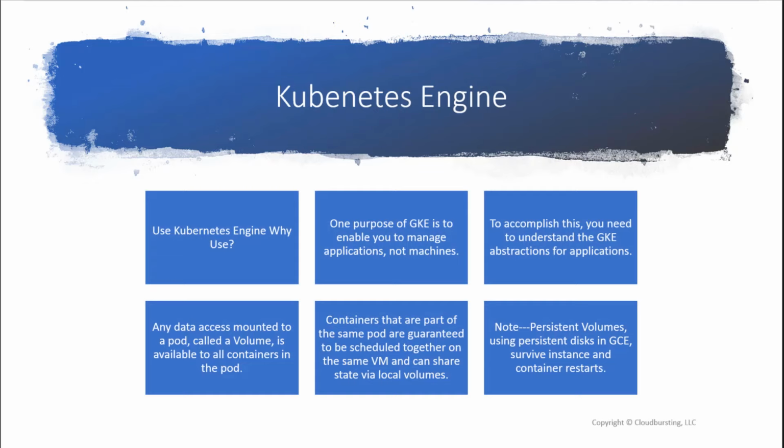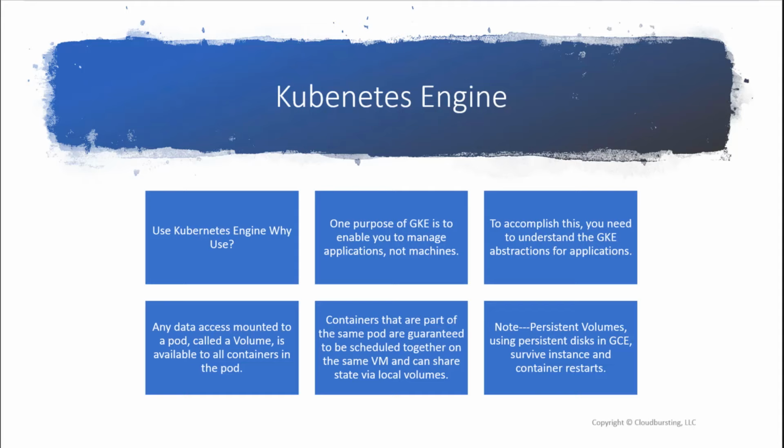Now, when we also consider GKE, we want to enable the users, the developers, to manage applications and not machines. To accomplish this, you really need to understand the abstractions for applications. For example, any data access that's mounted to a pod is called a volume.